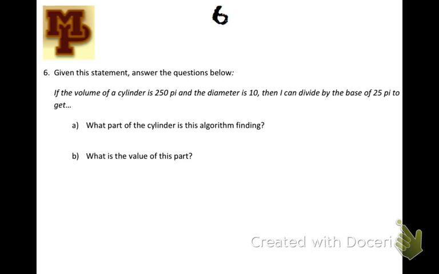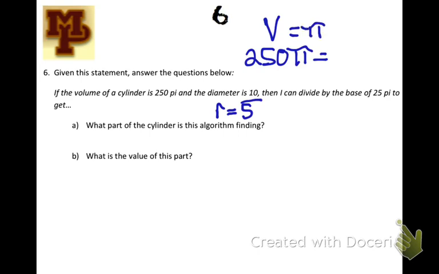Okay, volume is 250 pi, and the diameter is 10, so the radius would be 5. So if we use the volume of a cylinder, the volume of a cylinder is pi r squared times h.